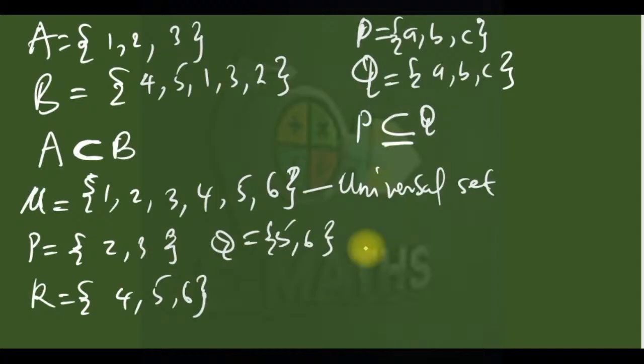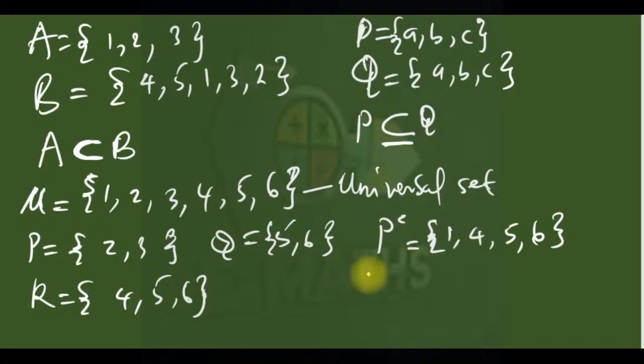If you want to get the complement of P, written as P raised to power C or P prime, it means the elements that are in the universal set but not in P. So look at that: 1 is not in P, 2 is there, 3 is there, 4 is not there, 5 is not there. So this is the complement of P.